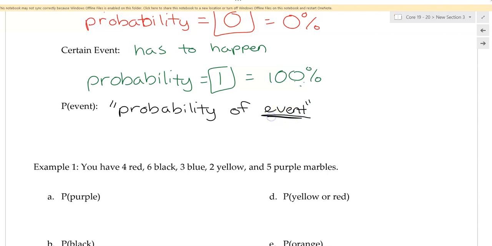I'm going to underline that event because we'll replace that word event with the thing we actually want. You can already see it in these questions down here. It's not event, it's purple, yellow, of what's actually happening. So don't say P parentheses event. That's not what it means. Probability of whatever.